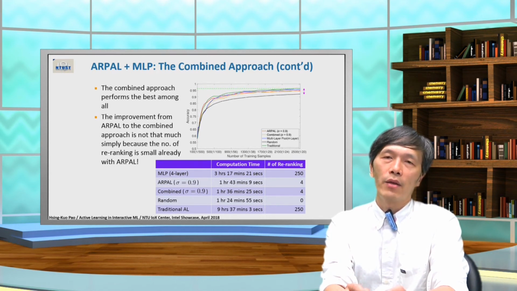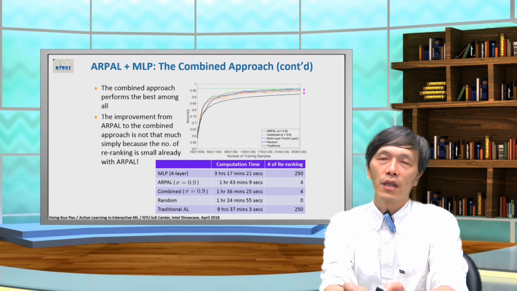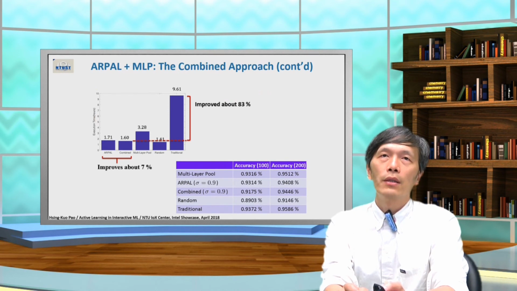The original result takes more than 9 hours, and after the reduction, we only need 3 hours or maybe 1 hour, less than 2 hours to finish. And if we combine both strategies, we can make the computation even shorter. So by combining both, we have already shown that the time can be reduced by quite a lot.